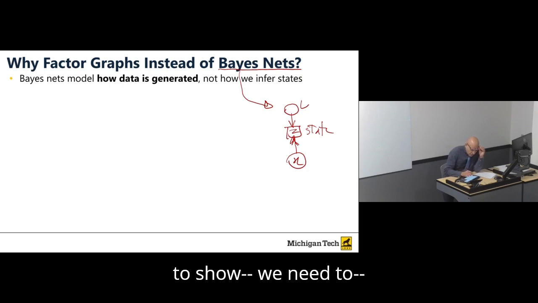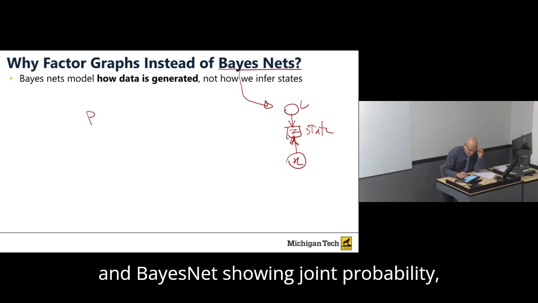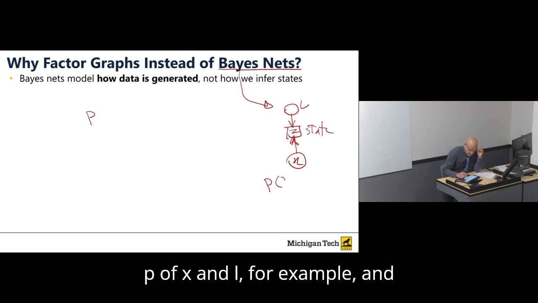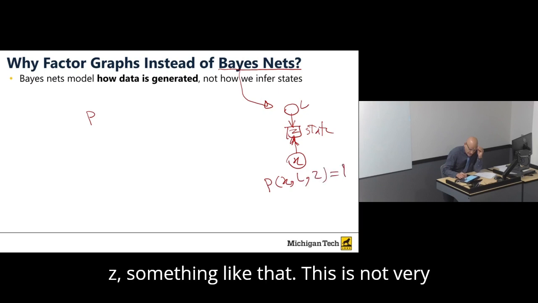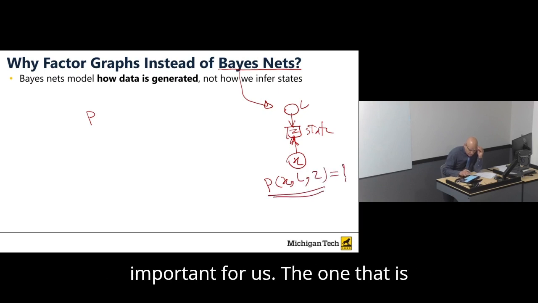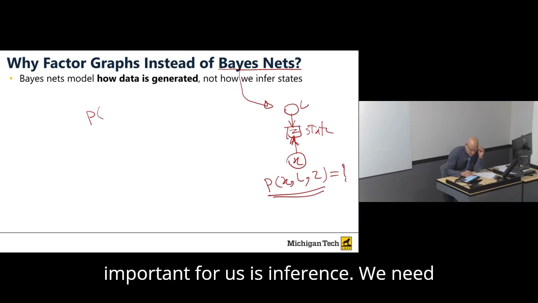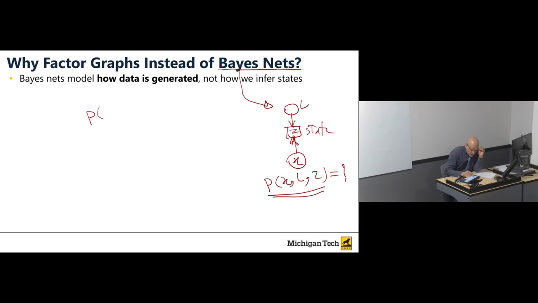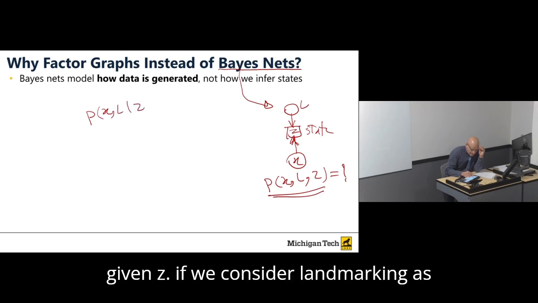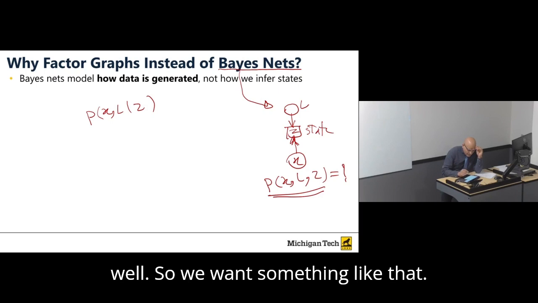BayesNet shows a joint probability, P of X and L, for example, and Z. This is not very important for us. The one that is important for us is inference. We need something like P of X given Z, or X and L given Z, if we consider landmarking as well.